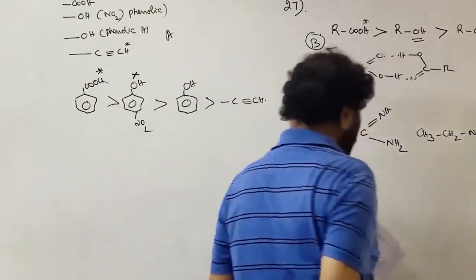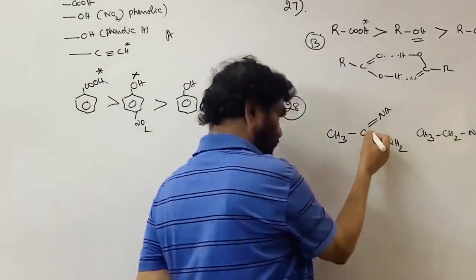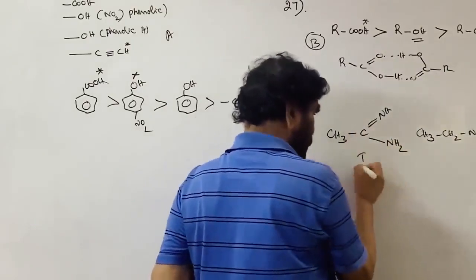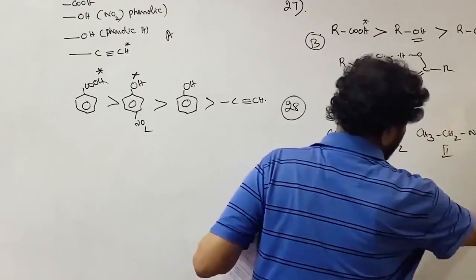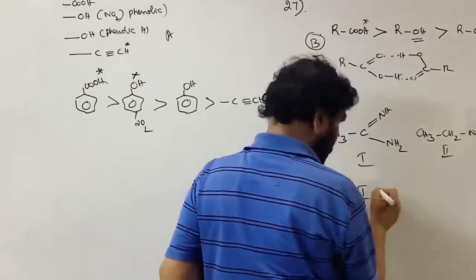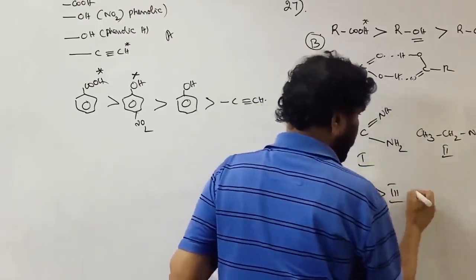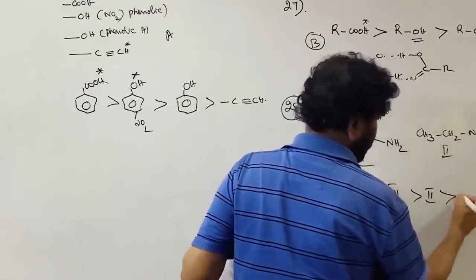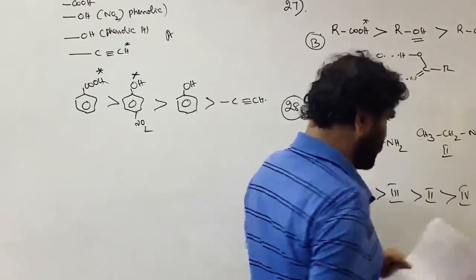It depends on the availability of the lone pair. The order is 1, then 3, then 2. Least is 4. Why is 4 least?